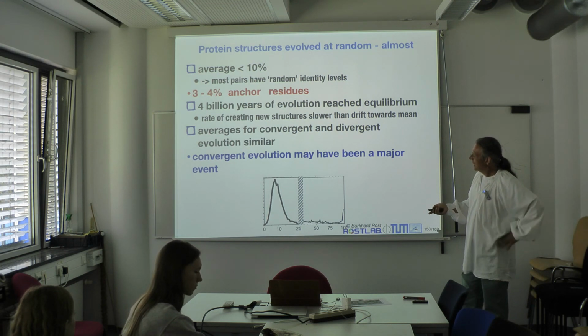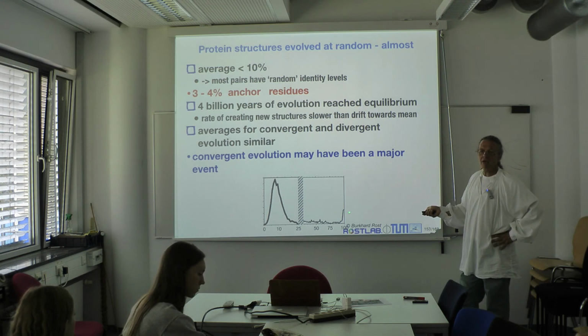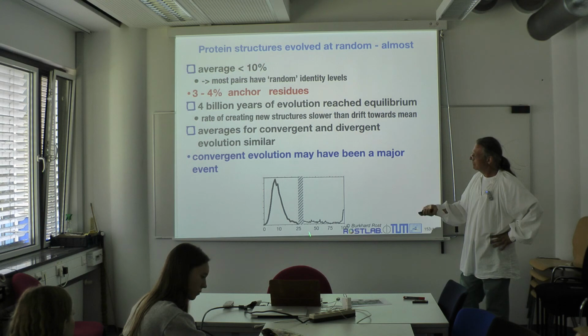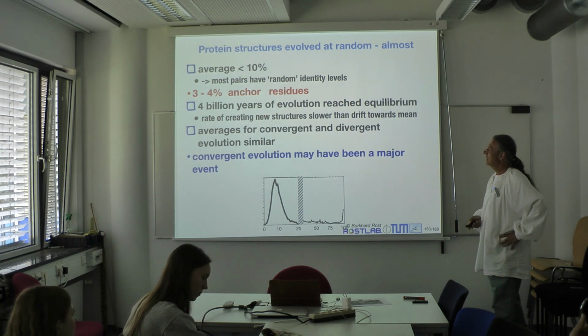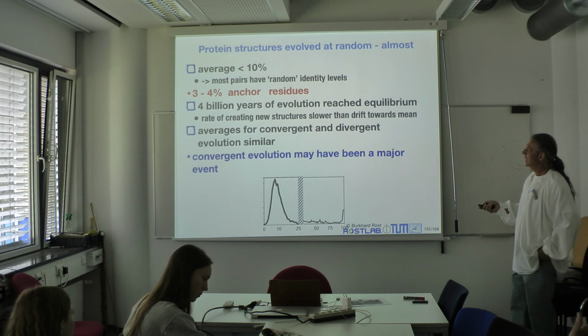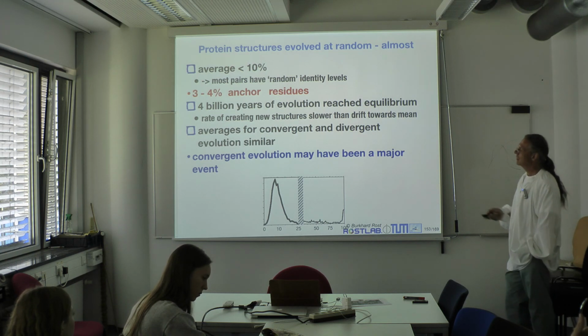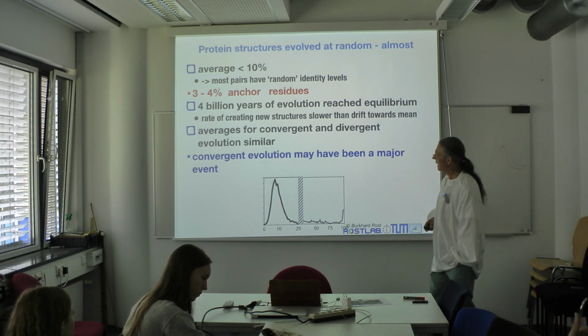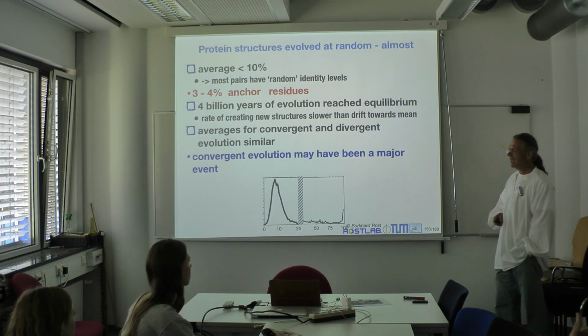Typically people said, whenever the number is high here, I call it divergent evolution. Whenever the number is low, it is convergent. But if the vast amount of pairs is here, then you really cannot distinguish between these two. Which in fact, I believe, implies that convergent evolution, in the sense of convergence to the same structure, is a major event, a very likely event.